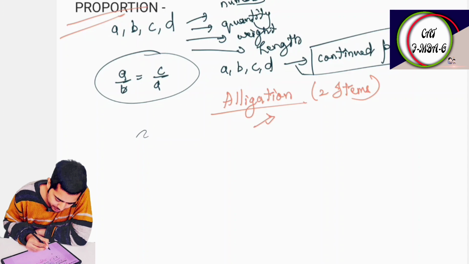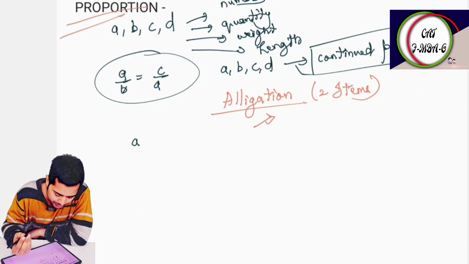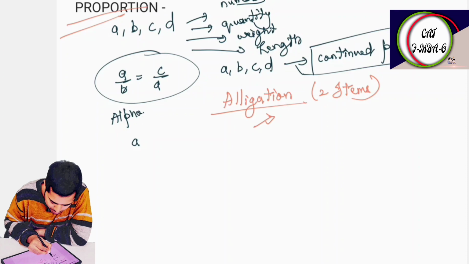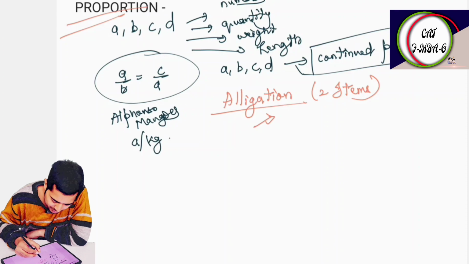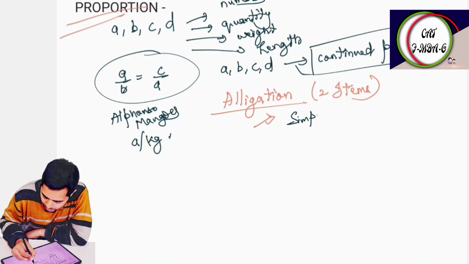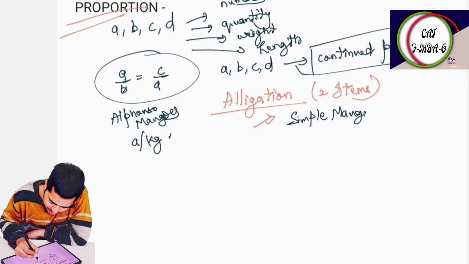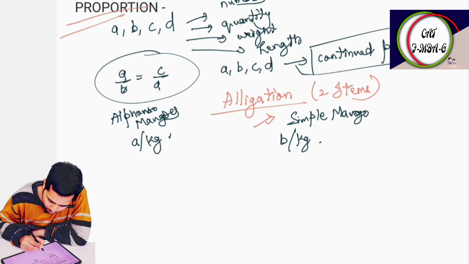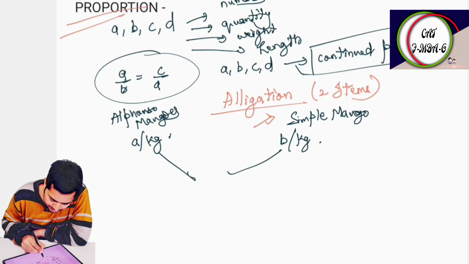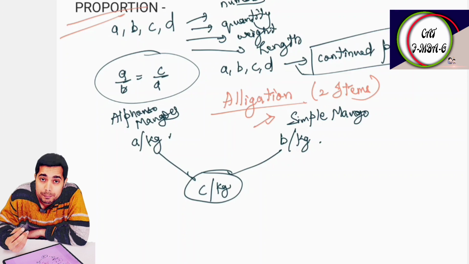He has Alfonso mangoes whose price is A per kg, and another kind of mango, simple mango, whose price is B per kg. Now, if he wants to mix them in such a way that the price is C per kg, then in what ratio should he mix them?